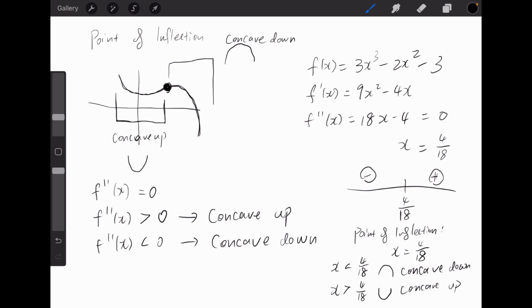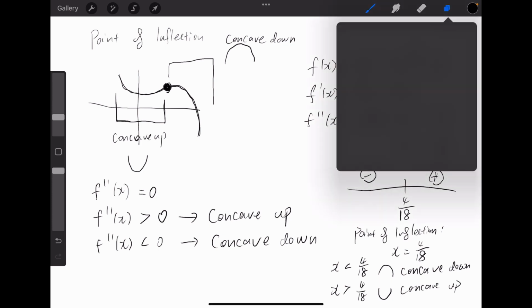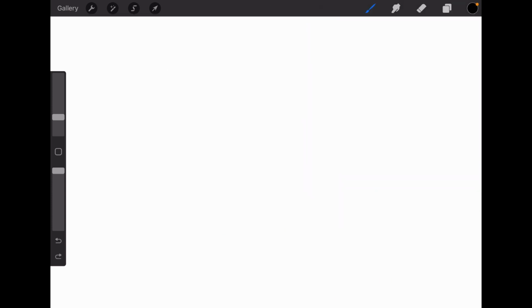Alright, so if we combine the first derivative test and the second derivative test, we can sketch a function easily. So let's do an example. If I have a function f of x equals x squared plus 2x plus 1, and I want to graph this function, I would first use the first derivative test to know where the function is increasing and where it is decreasing.